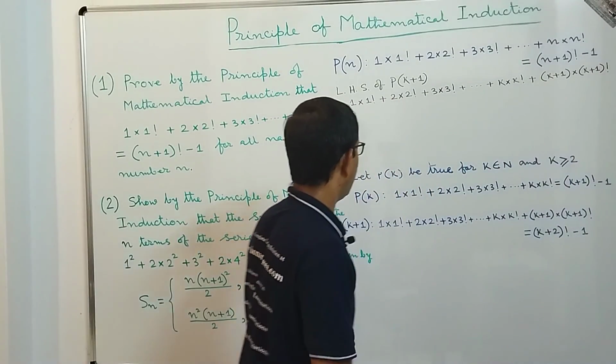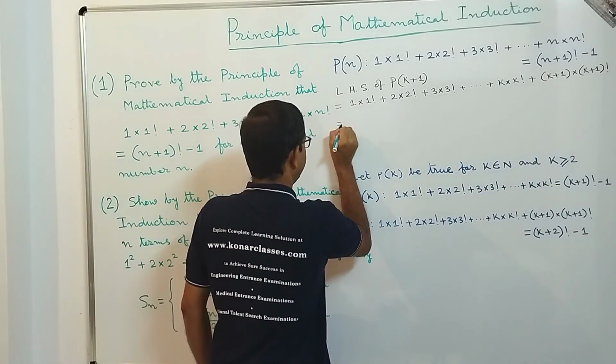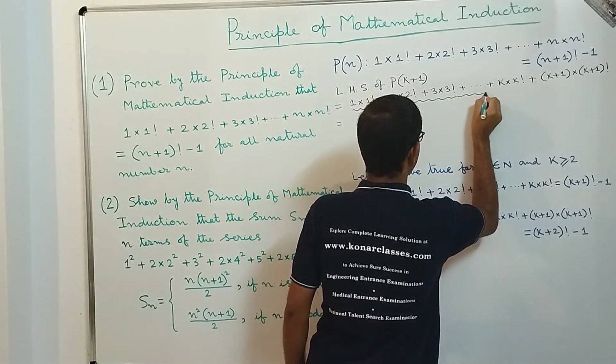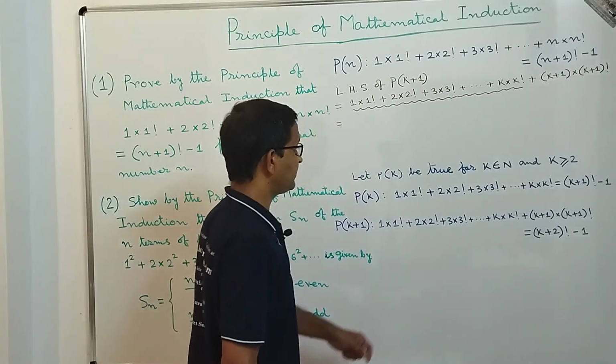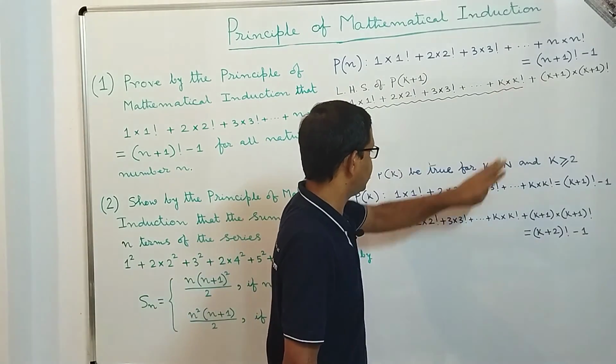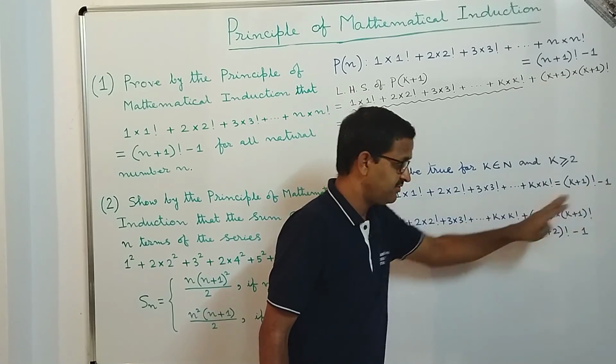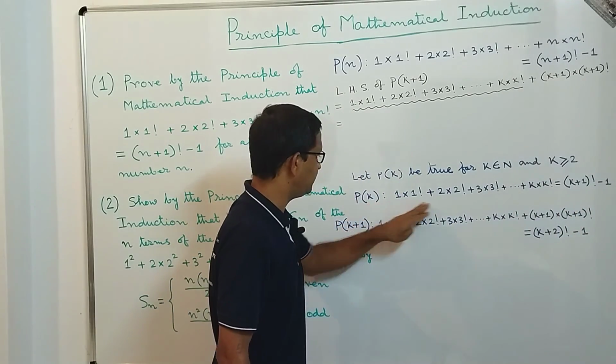Correct? Now for the first k terms, that is 1 into 1 factorial plus 2 into 2 factorial plus 3 into 3 factorial up to k into k factorial, we can assume as (k+1) factorial minus 1. That we have taken from our assumption that P(k) is true.